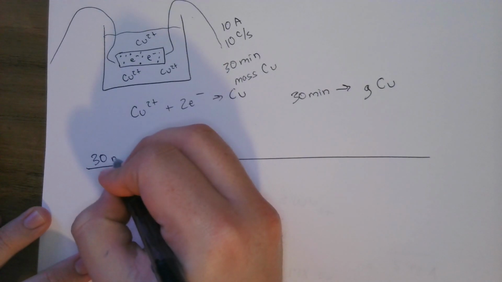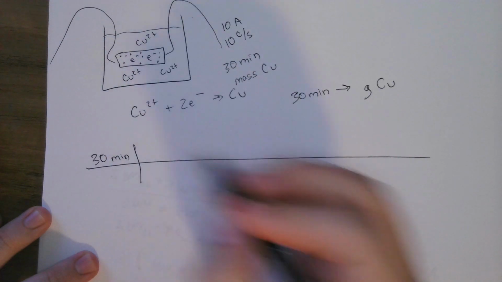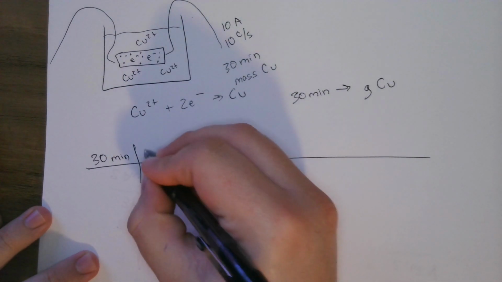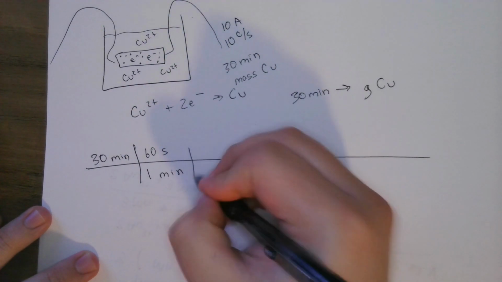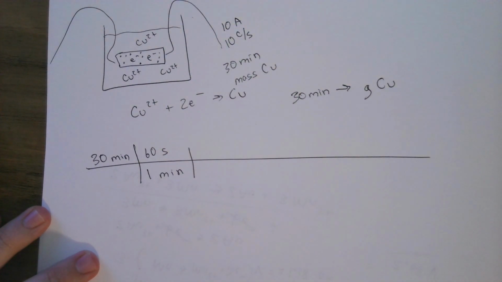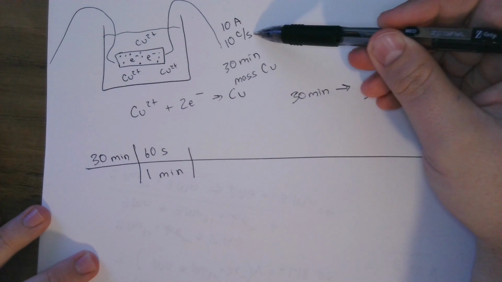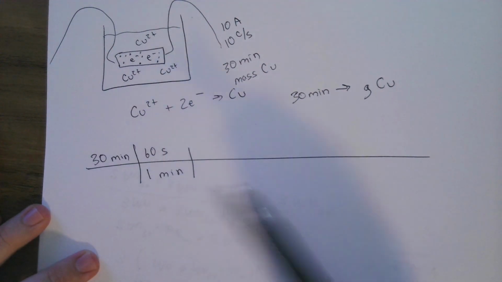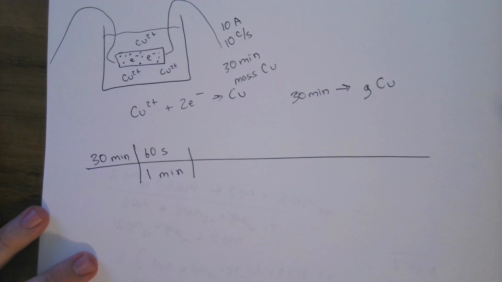We're going to start with 30 minutes, and we're going to convert that into seconds. So 1 minute on the bottom equals 60 seconds on top. Well, how are seconds involved? Well, we have this information about the current. Current is coulombs per second. So this is telling me how many seconds this solution setup's been running for.